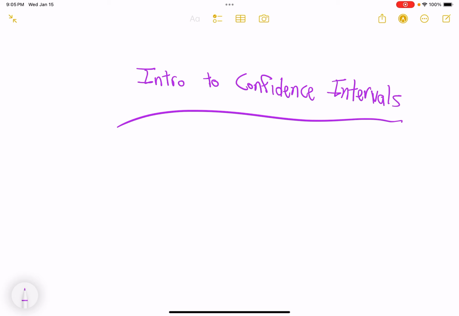Now, as you well know, and as I impressed upon you in class, confidence intervals are incredible things. They are the first time that we are going from our sample statistic, in this case p hat, and extrapolating outward like a bat signal into the universe of what the true population proportion might be. And we call this inference.